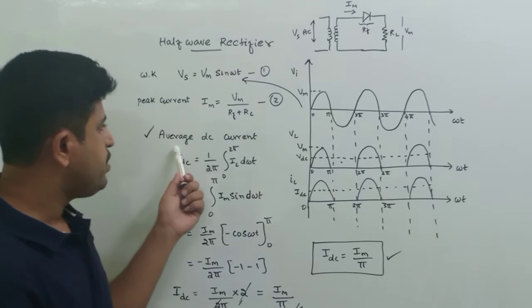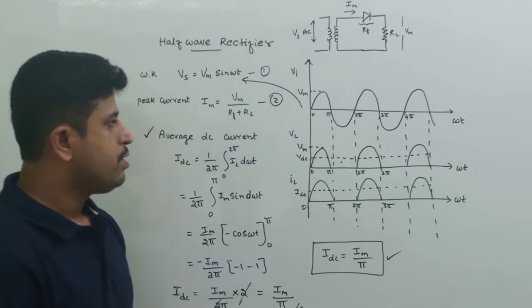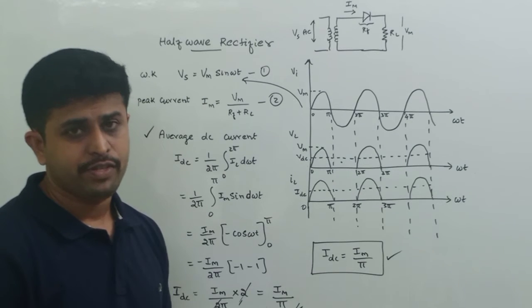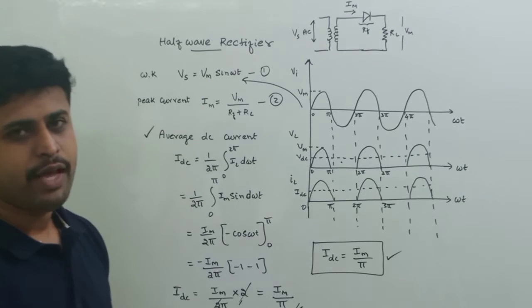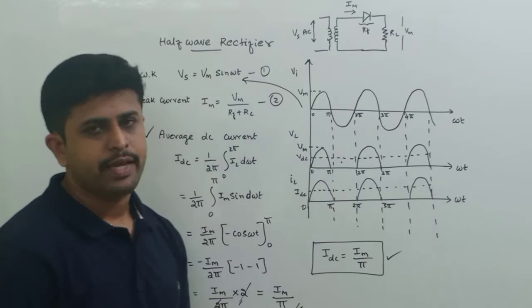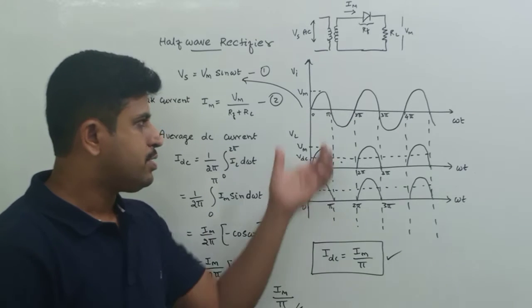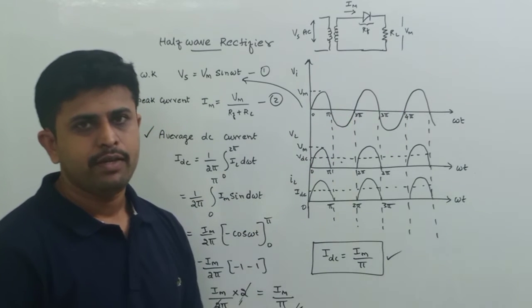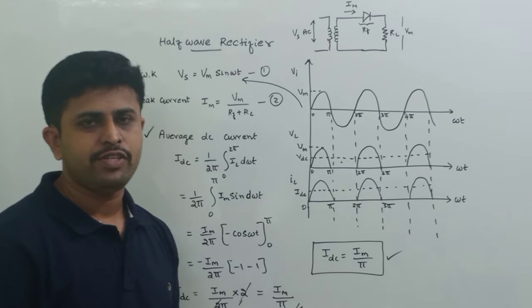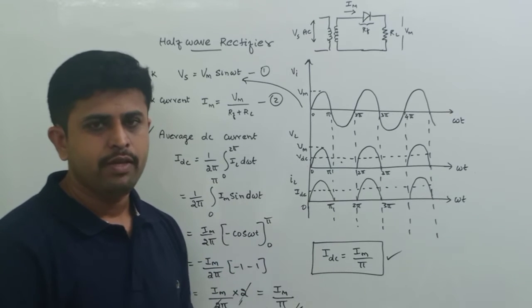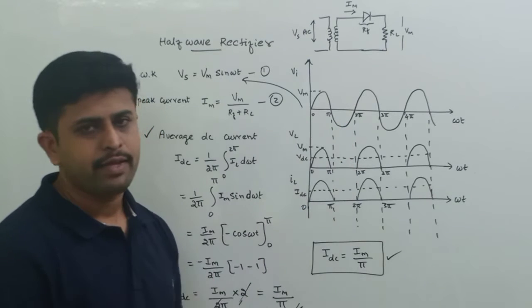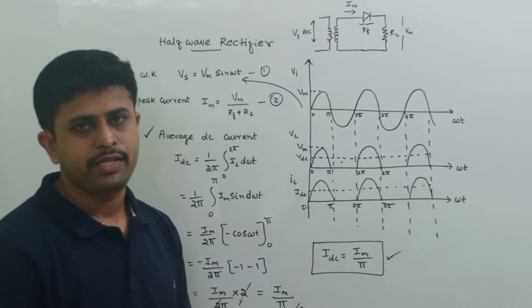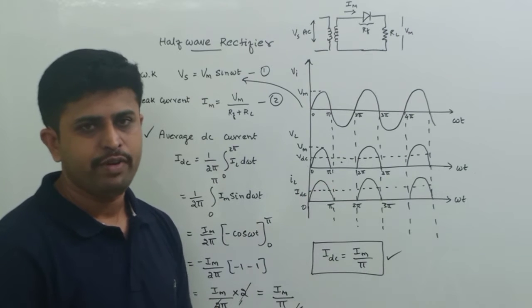So now let us find the average DC current. How are we going to find the average value of current for the sinusoidal input? See, always we find the average value for one full cycle, because the same cycle is getting repeated, so no need to find the average for the entire waveform. So we just need to find the average output for one cycle, that gives the average DC current for our half-wave rectifier.